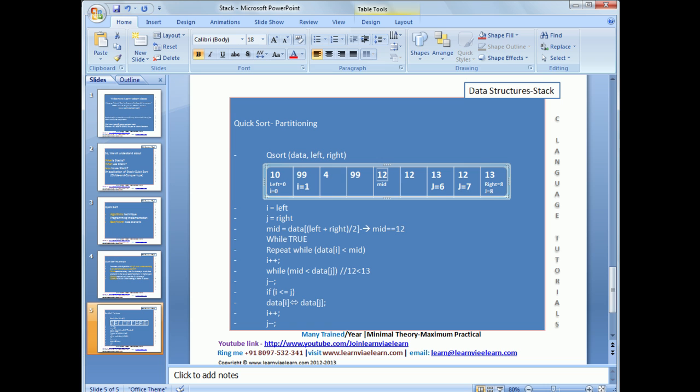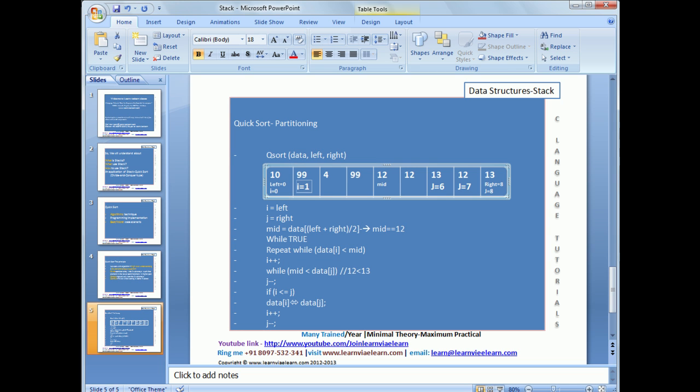In case it's greater than my left part, I will continue incrementing i, and once this condition won't qualify, we will freeze the value of i over there.